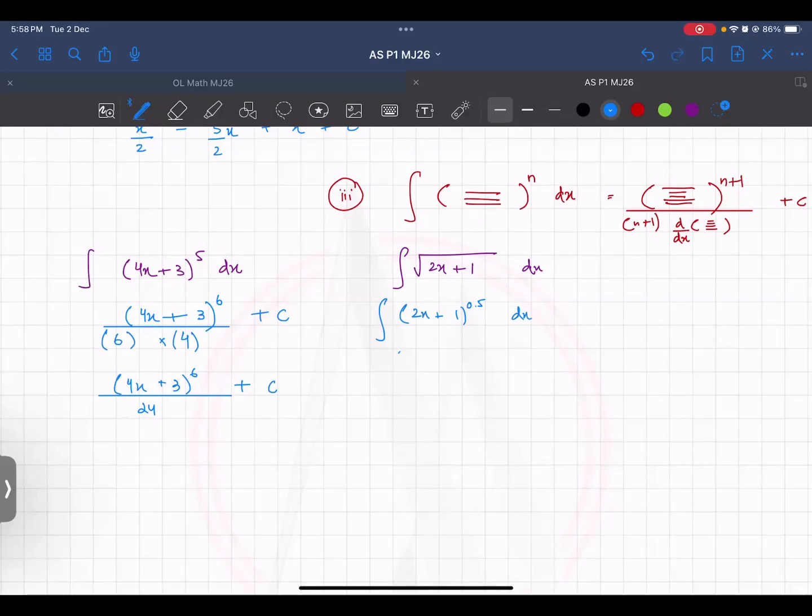And now no changes to the inside of the bracket. The power of the bracket adds by 1. So 0.5 becomes 1.5, divided by 1.5. And the derivative of the inside of the bracket, 2x plus 1, is 2. So 2 comes in the denominator, plus c. This is your answer.